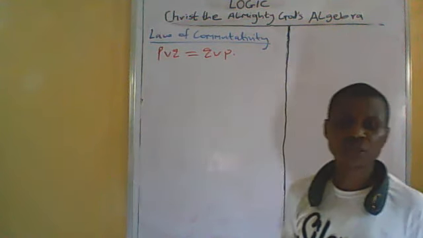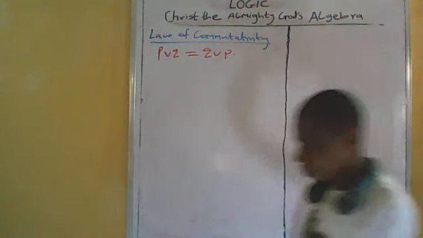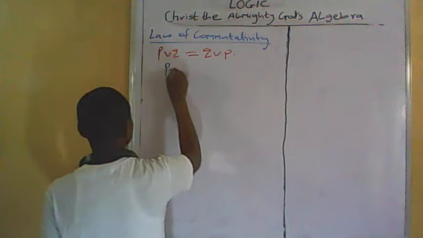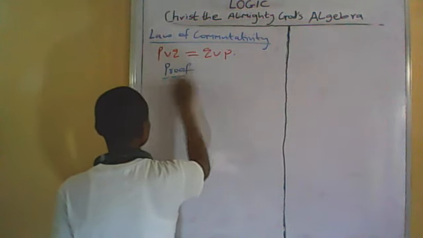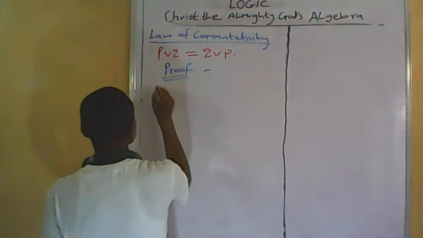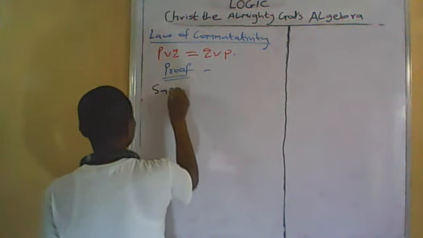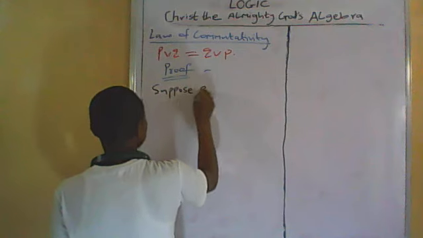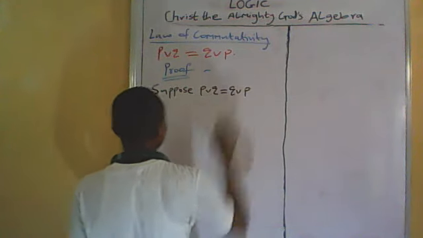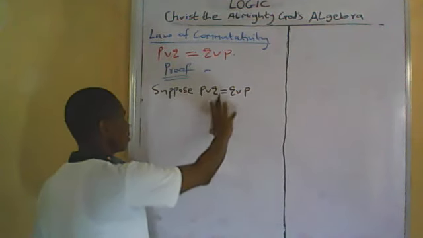Let's prove the statement. Proof. Suppose P or Q is equal to Q or P. This is our hypothesis.